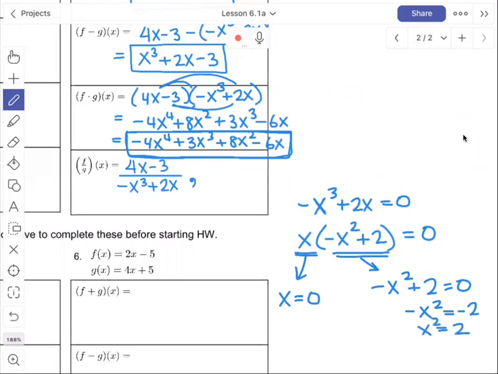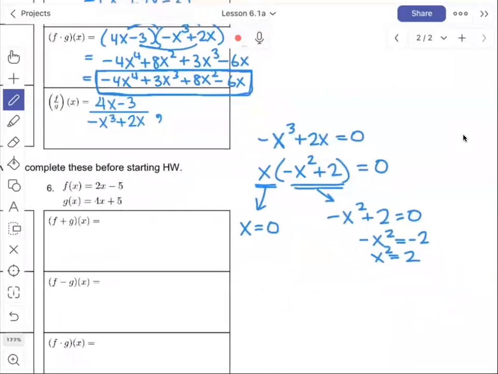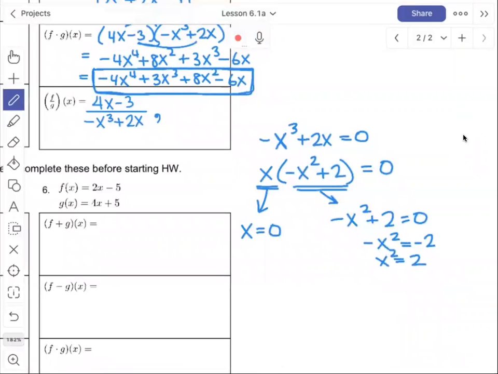Okay, so then Jackson, take it over from here. I have x squared is equal to 2. What do I do to solve for x? Divide by x? If I divide by x, I end up with an x on this side, so that doesn't isolate the x. So what can I do to get rid of that square? Radical. Yeah, there you go. So we get x is equal to radical 2.